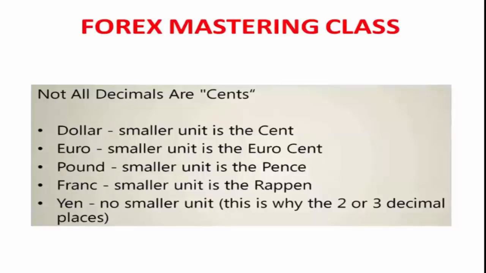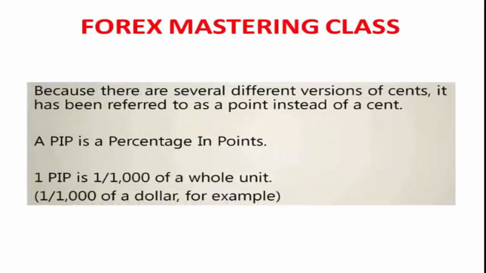Not all currencies have cents. The dollar has cents, the euro has euro cents, but pound sterling we're talking about pence, francs talk about rappen, and yen doesn't have any at all. That's why you have it in 2 to 3 decimal places.